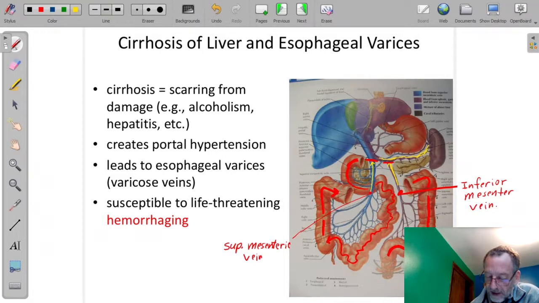The splenic vein continues on and then merges with the superior mesenteric. And where the superior mesenteric and the splenic vein merge, we then have the portal vein, hepatic portal.